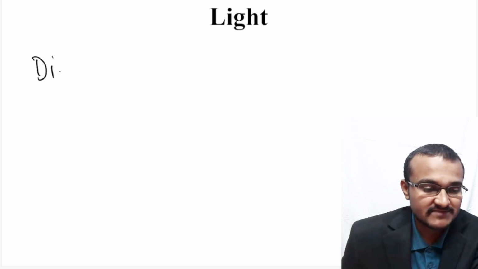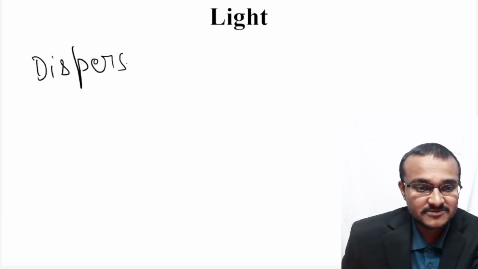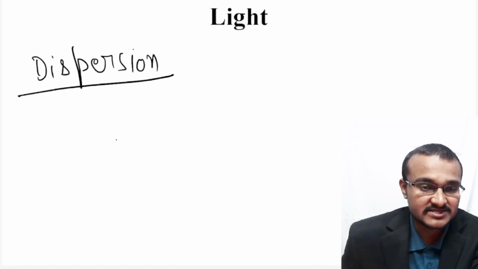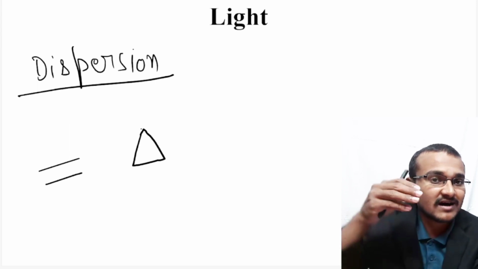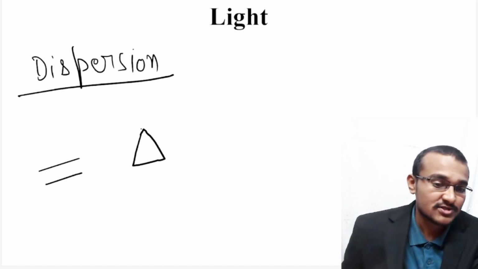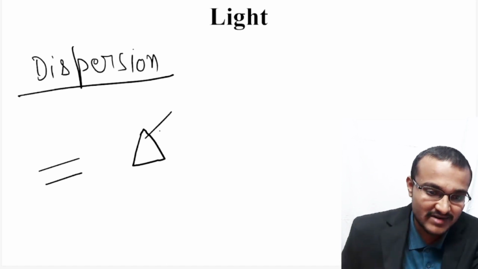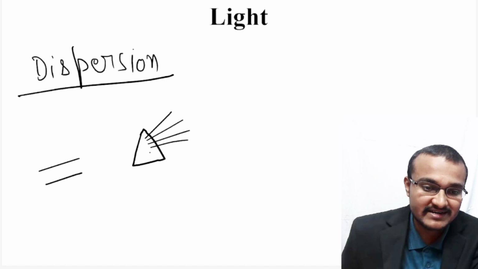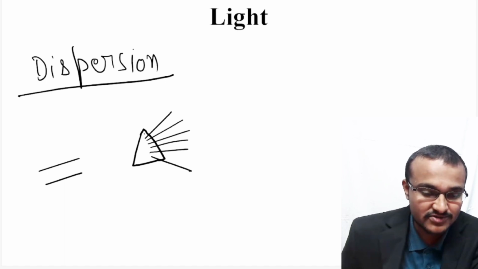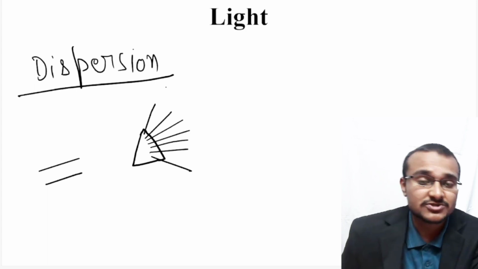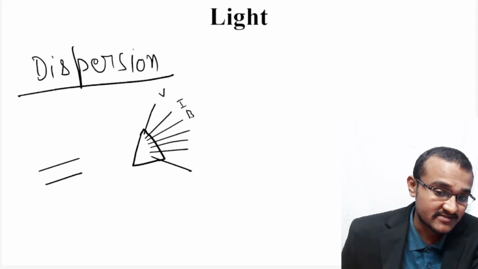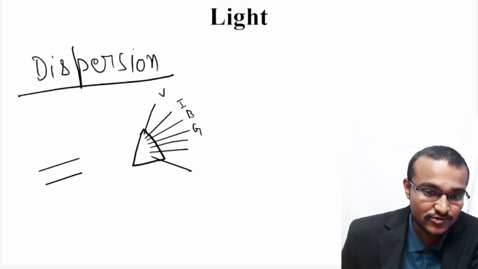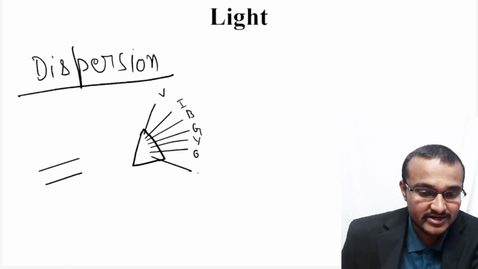There is one more concept in this light chapter, that is dispersion. How does dispersion take place? If you have white colored light incident on a prism which has a certain angle, the prism will split the white light into 7 different colors. Let's say 1, 2, 3, 4, 5, 6, 7. These 7 different lights, starting from violet, indigo, are known as VIBGYOR: violet, indigo, blue, green, yellow, orange and red.